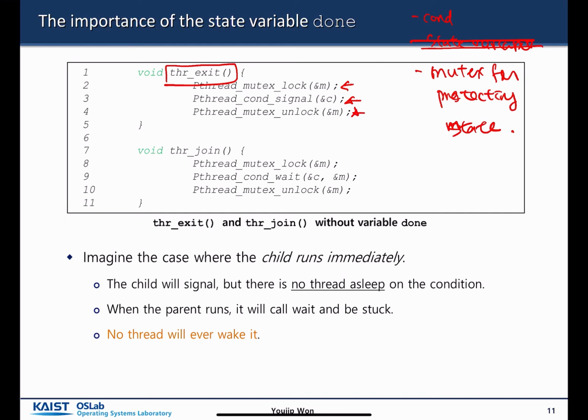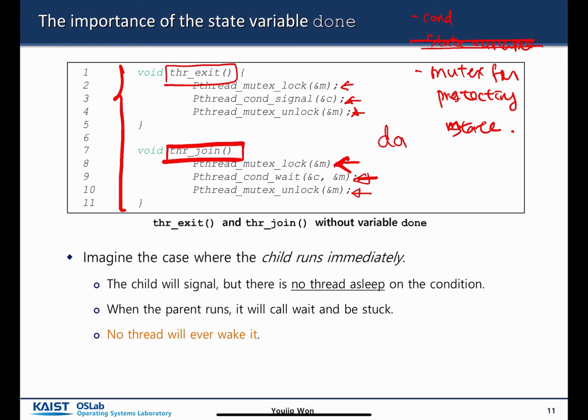And in thread join, it locks the mutex and calls condition wait, and then unlocks the mutex. Okay, so here, different from the code I've shown before on the previous page, there is no state variable.